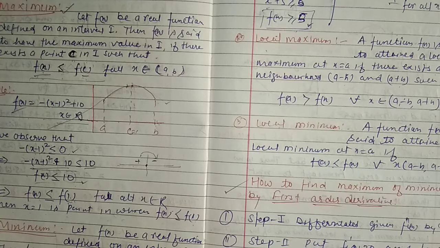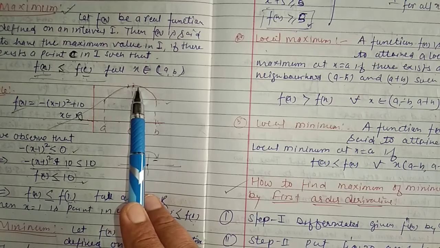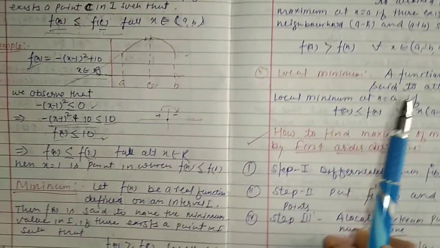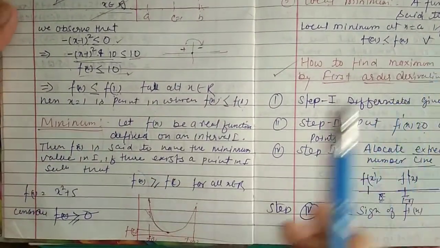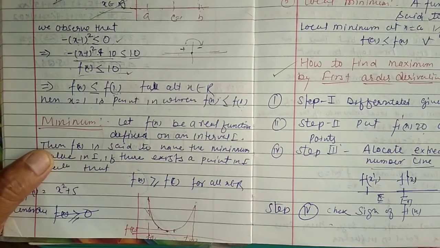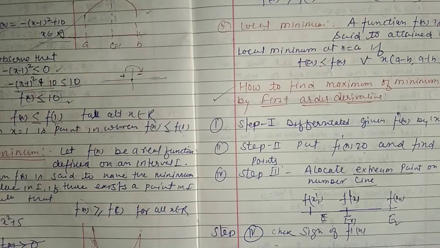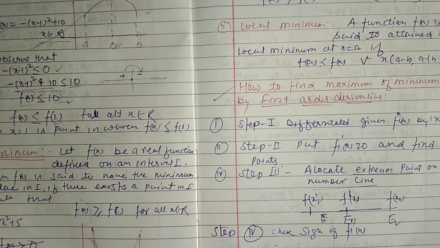A point very close to the maximum point is called local maxima, and points very close to the minimum value, this point and this point, are called local minima. Clear? So the points around or in the neighborhood of the maximum or minimum are called local maxima or local minima.